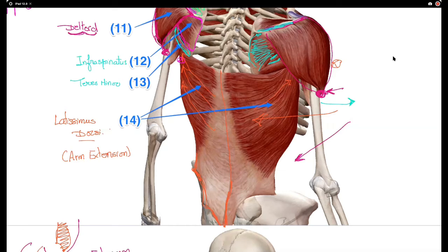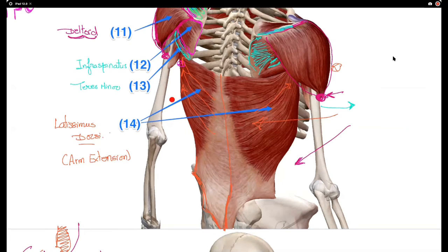This is my latissimus dorsi. So latissimus dorsi is going to be allowing rotation of the arm, but mainly it is the main muscle to pull the arm backwards. It's the main muscle to perform arm extension.